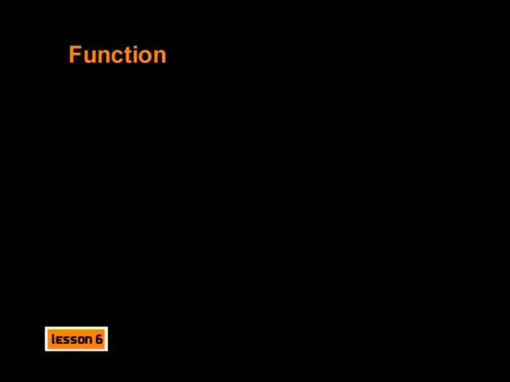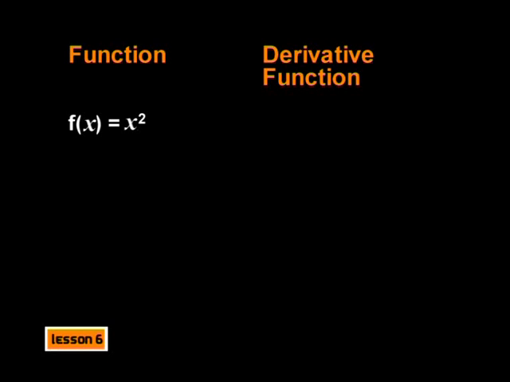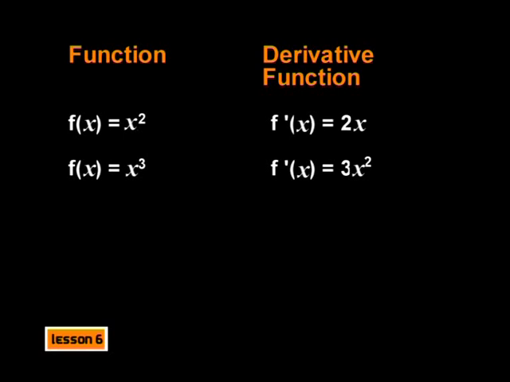We have two things, a function and that function's derivative. So far we have shown that if the function is f of x equals x squared, then the derivative is f dashed of x equals 2x. And when the function is f of x equals x cubed, then the derivative is f dashed of x equals 3x squared.